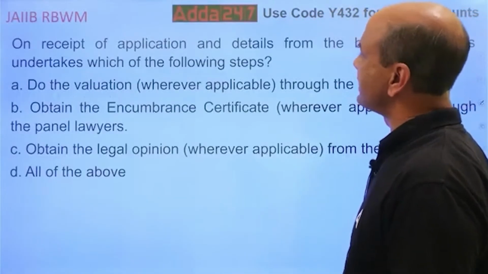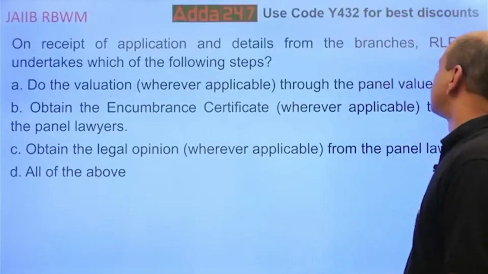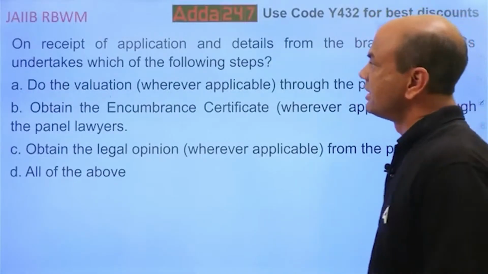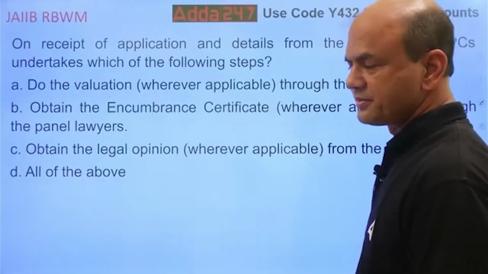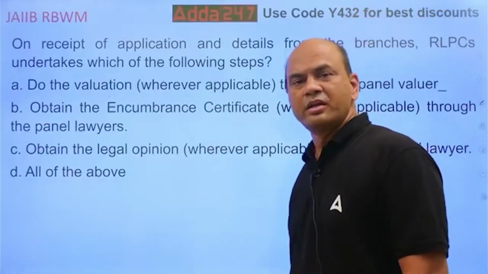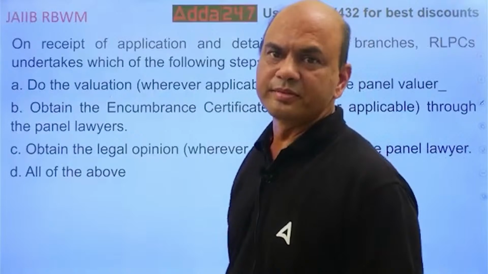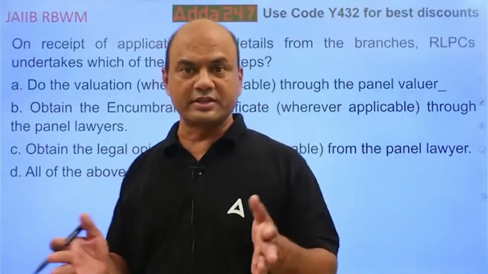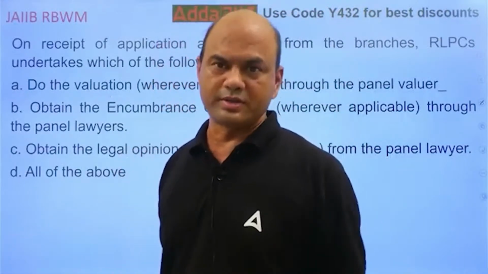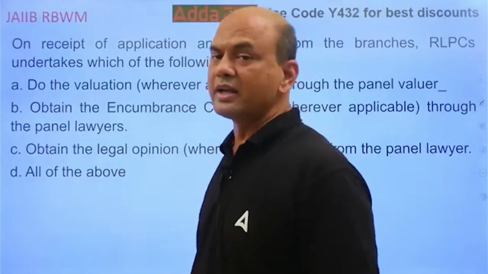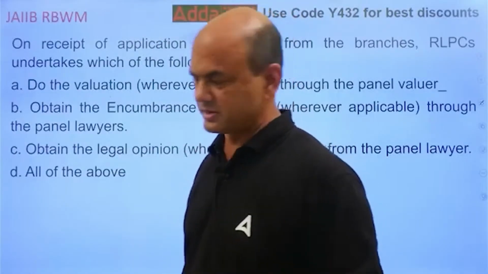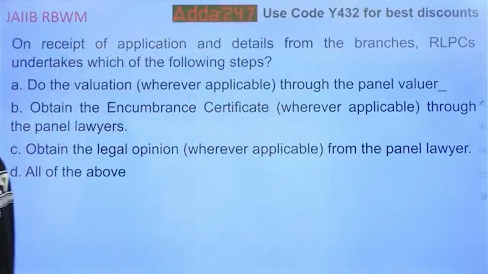On the receipt of applications and details from the branches, RLPCs undertake which of the following steps? What is RLPC? RLPC means the processing centers, CPU we call it. Retail loan processing centers. So they undertake which type of activity?